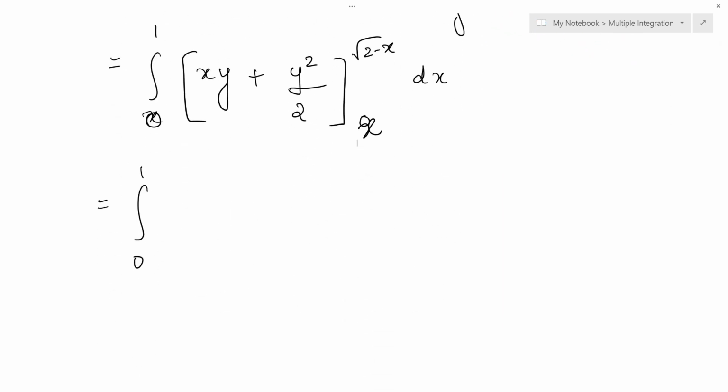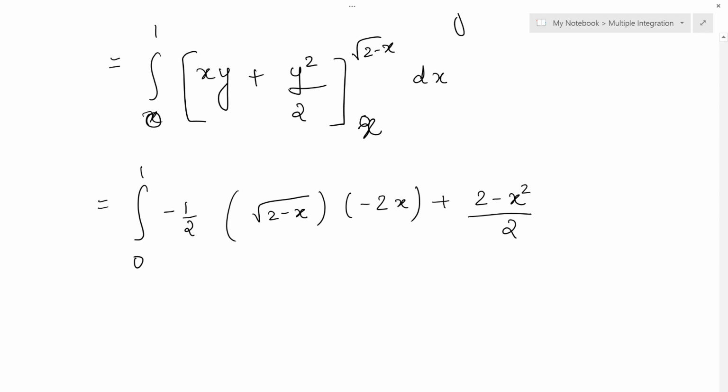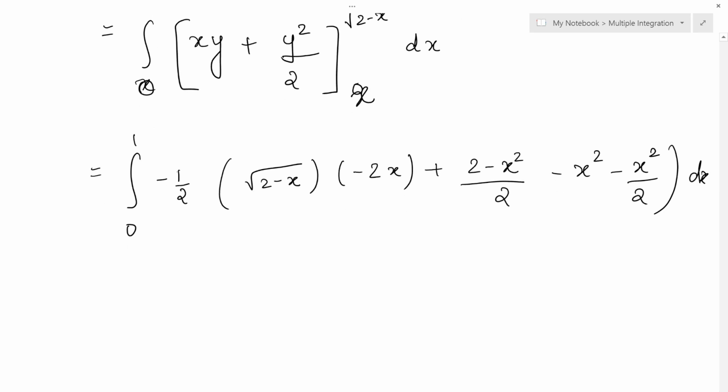So, if you substitute the upper limit and lower limit, let us simplify this. You will have under root of 2 minus x square, minus 2x square if I'm multiplying and dividing, right? And then you have 2 minus x square the whole. So after simplifying, I'm getting this, and now I have to integrate this with respect to x.